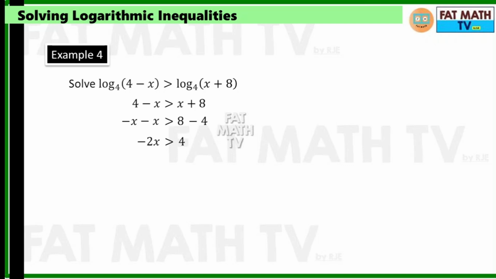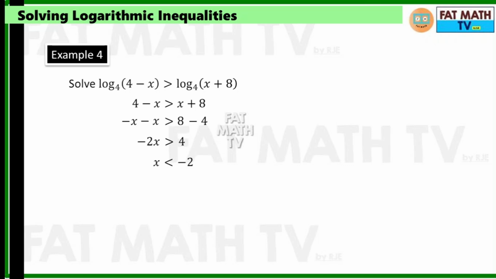So if you divide both sides by negative 2, negative 2x divided by negative 2 is x. And then it will be less than, because we divided by a negative number. 4 divided by negative 2 is negative 2.